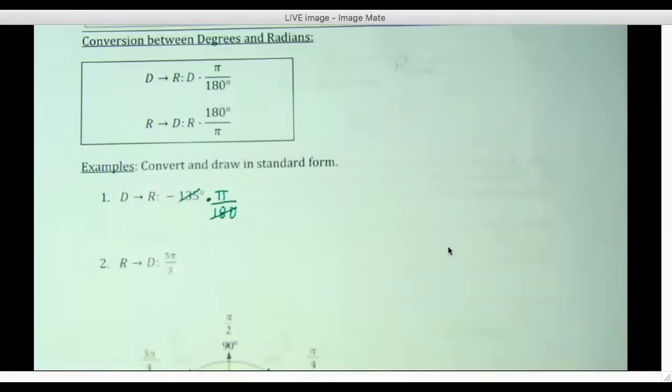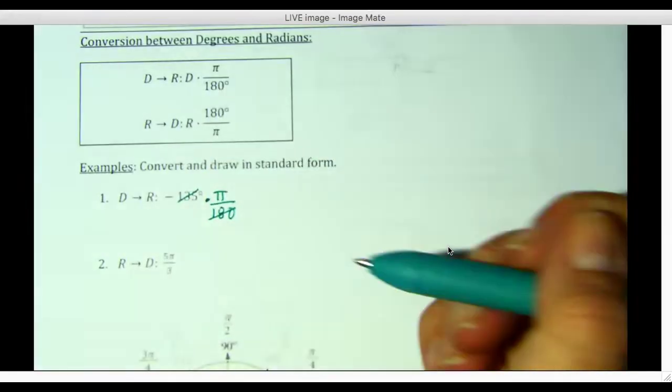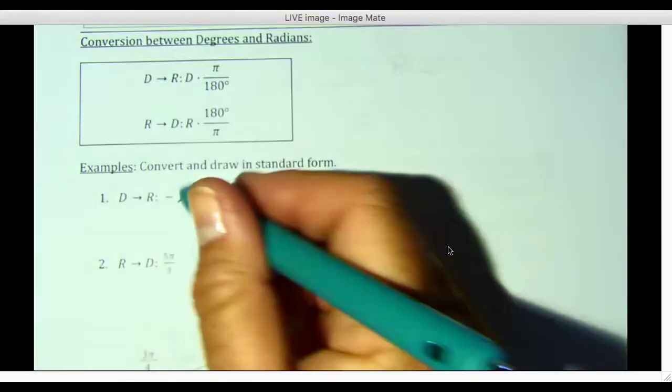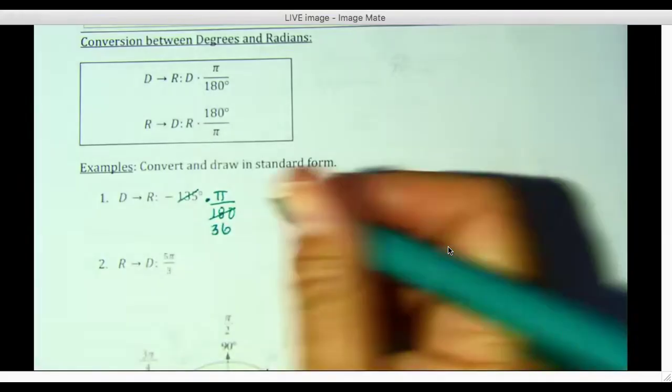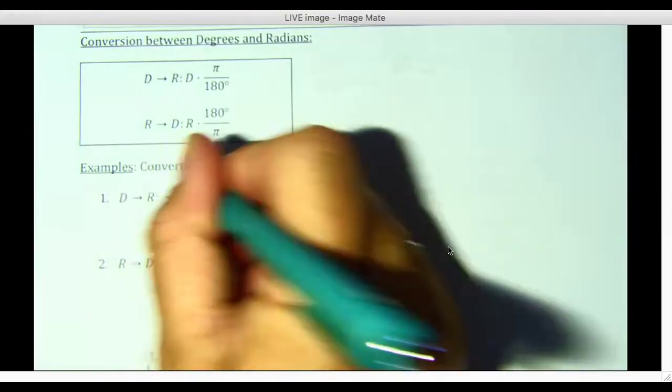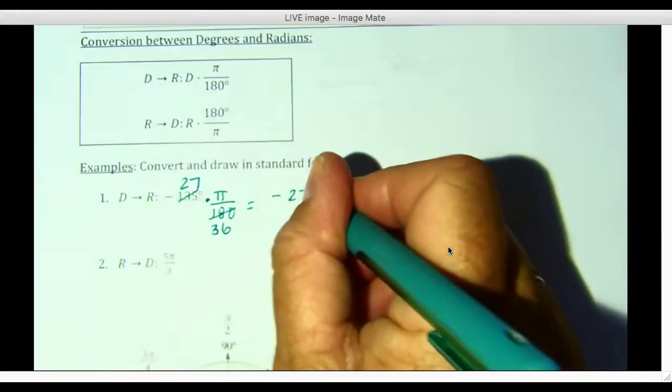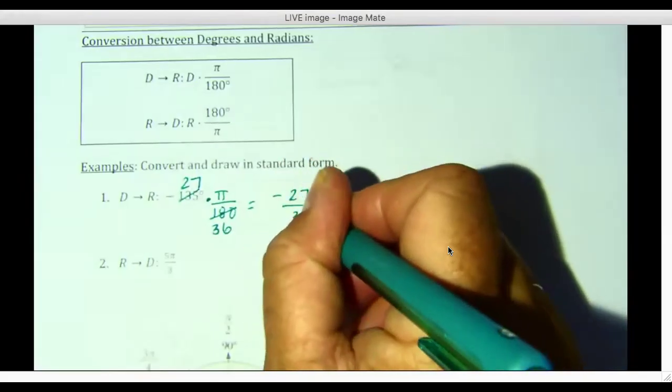Oh, let's go ahead and start with 5. So starting with 5, 180 divided by 5 is 36. 135 divided by 5 is 27. And so simplifying thus far, we have negative 27 pi over 36.